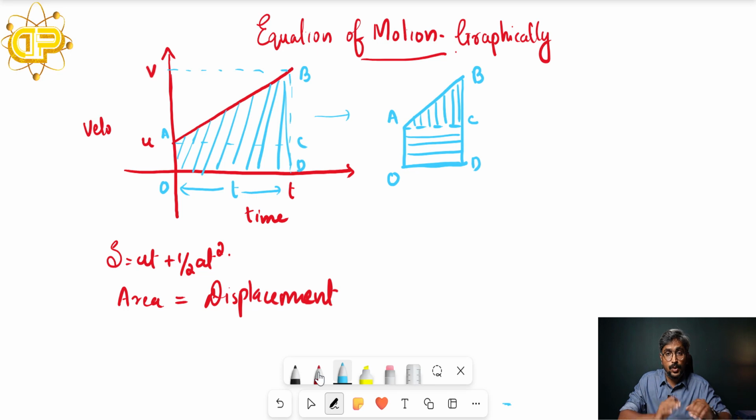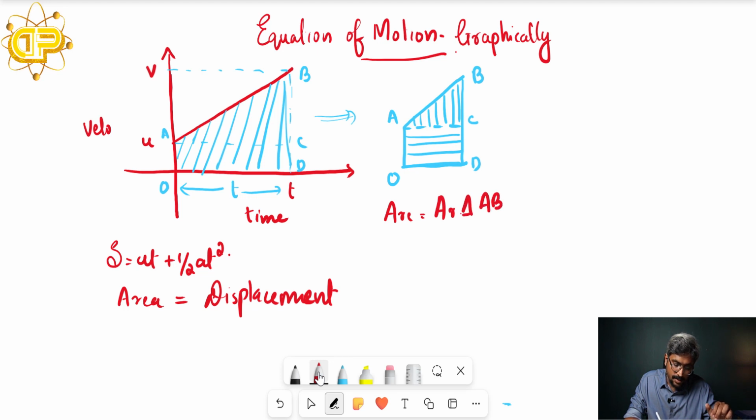So this will be the total area covered by this graph. I am just taking this shaded portion separately. Now the area will be equal to the area of triangle ABC plus the area of the rectangle OACD.